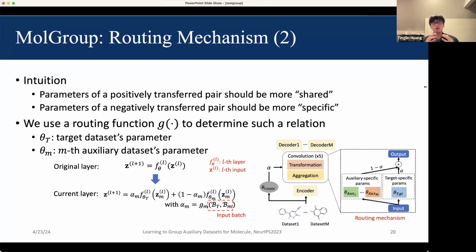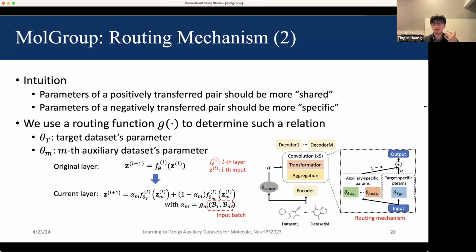In our paper, we propose to use a routing function to determine such a relationship. Here is an illustration.